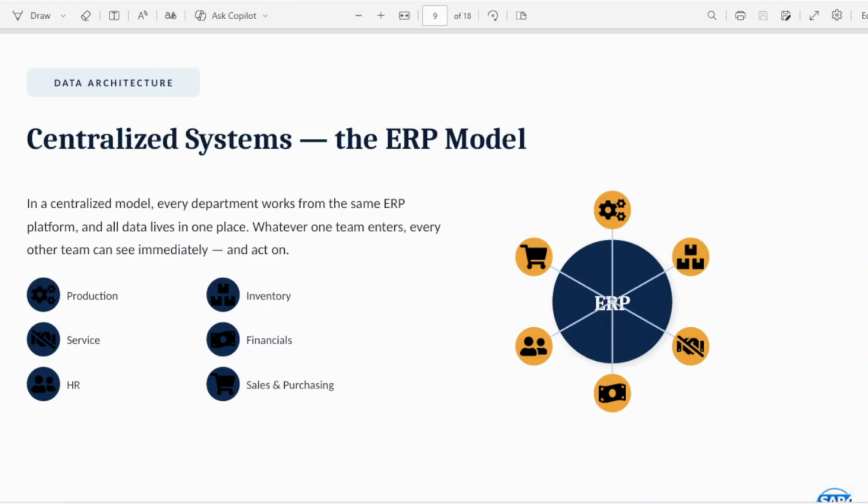All the data lives in one place. So the moment one department enters information, every other department can see it immediately and act on it the right way. So what is the main benefit? All the information is shared in all departments. Every department can see the data.